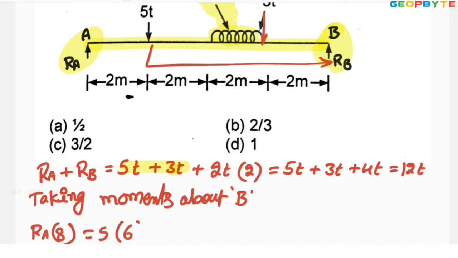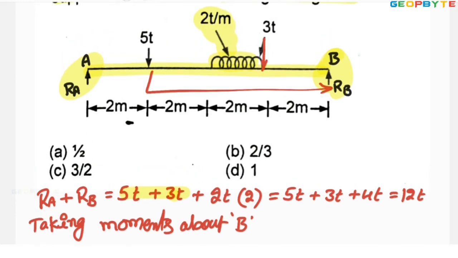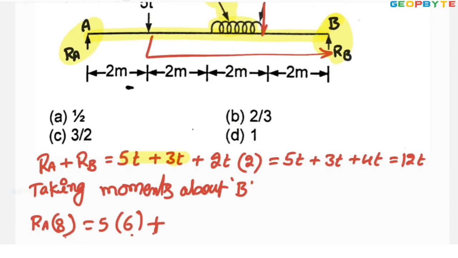plus the UDL. First, convert the UDL to a point load by multiplying the UDL with the UDL distance: 2 multiplied by 2 gives the point load. Assume that the point load is acting at the middle of the UDL, so this distance will be equal to 3.